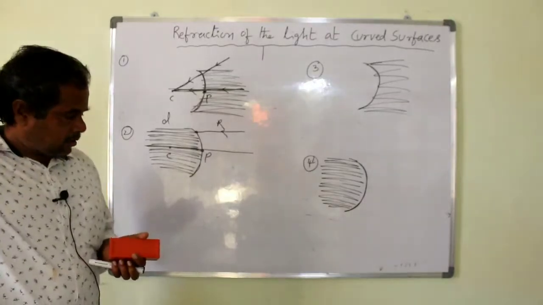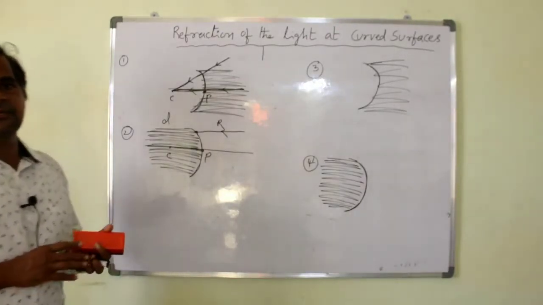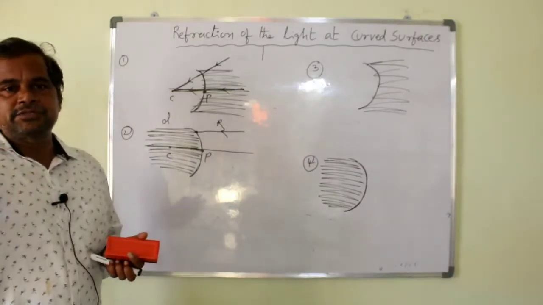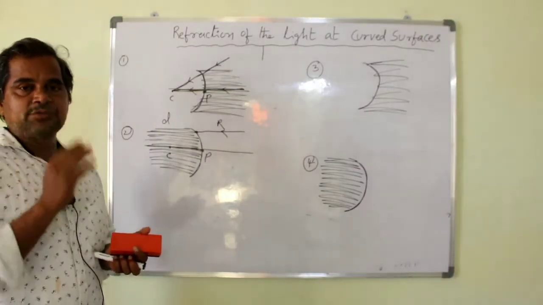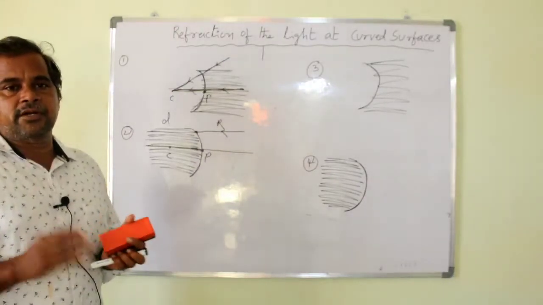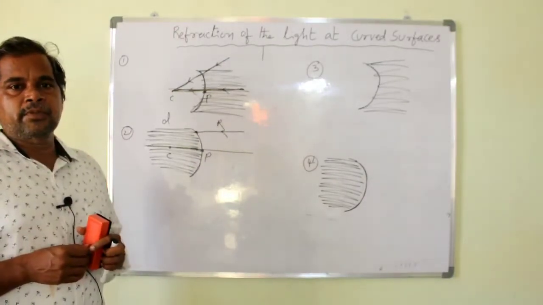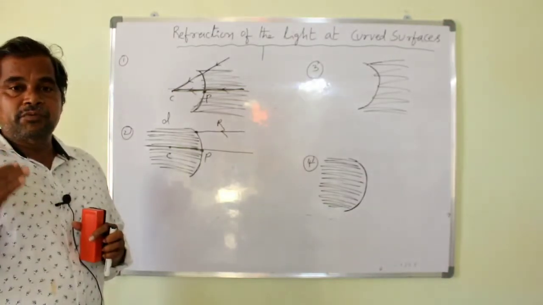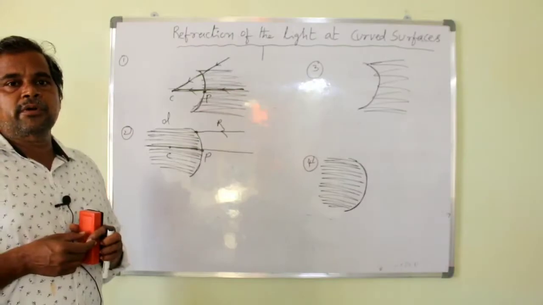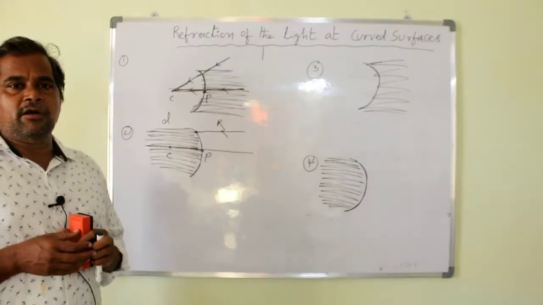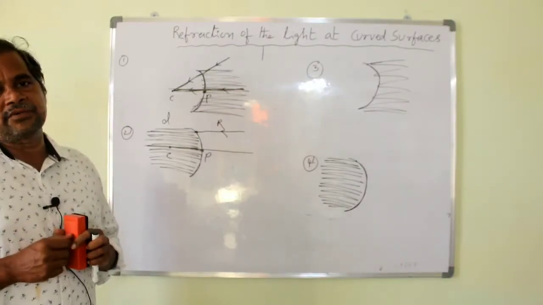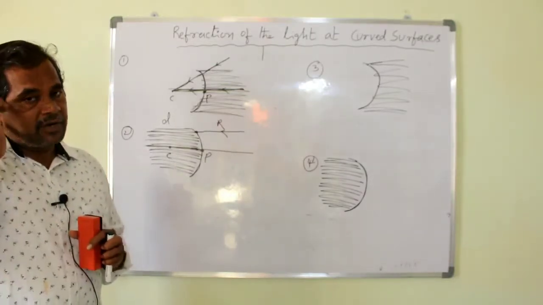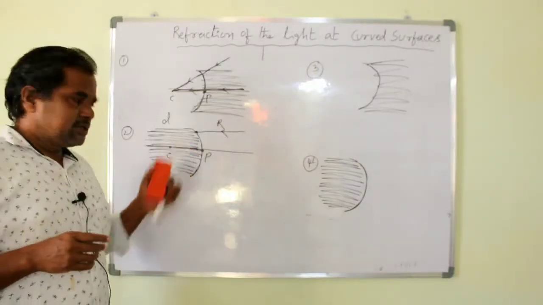So recall the refraction principle once again when it occurs on plane surfaces. Any light ray which moves from rarer to denser, the corresponding refracted ray moves nearer to the normal. Second case, when any light ray moves from denser to rarer, the corresponding refracted ray moves away from the normal, which occurs in plane surfaces. In the same manner, here also those refraction laws must be obeyed.